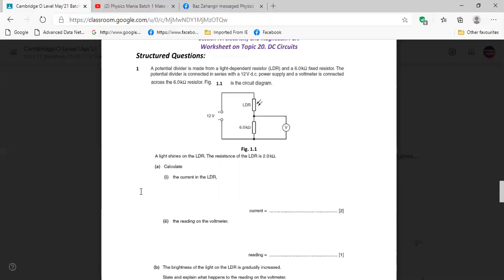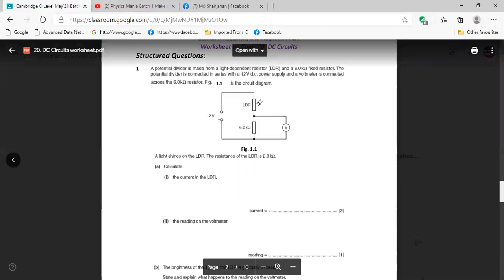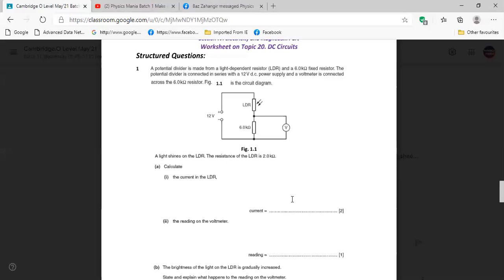Is it clear? Sir, if the resistors are in series, how will we understand which resistor shares the voltage first? Actually, it happens together. We don't say which one is faster, which one is later, but rather we say how much is shared.